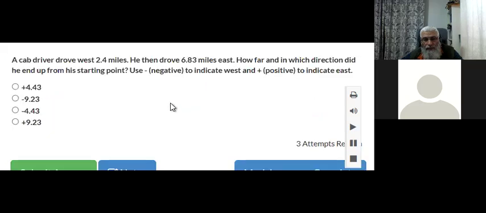Read. A cab driver drove west 2.4 miles. He then drove 6.83 miles east. How far and in which direction did he end up from his starting point? Use negative to indicate west and use positive to indicate east.